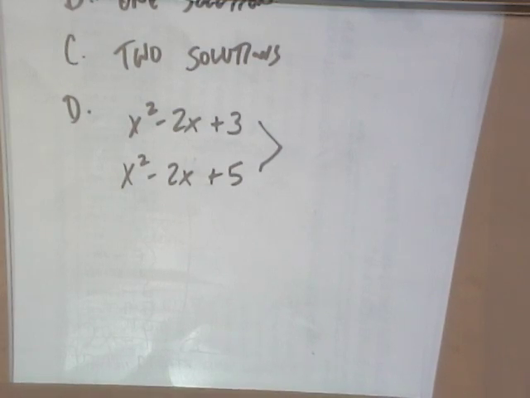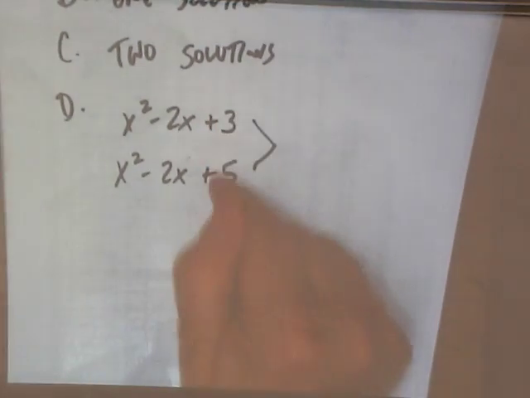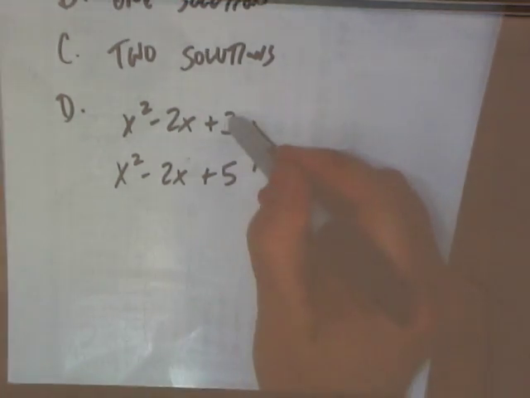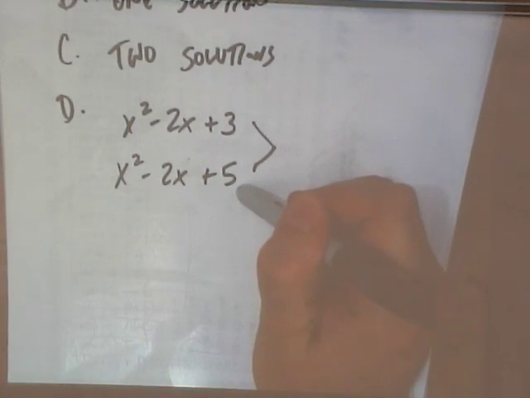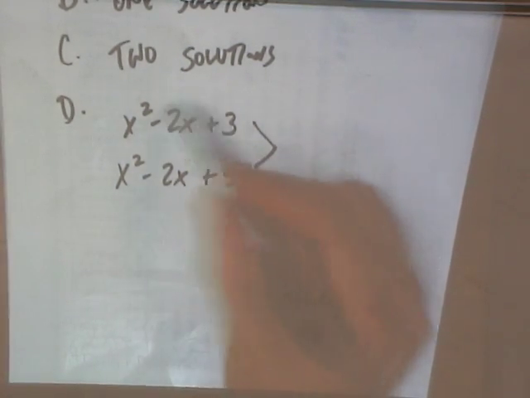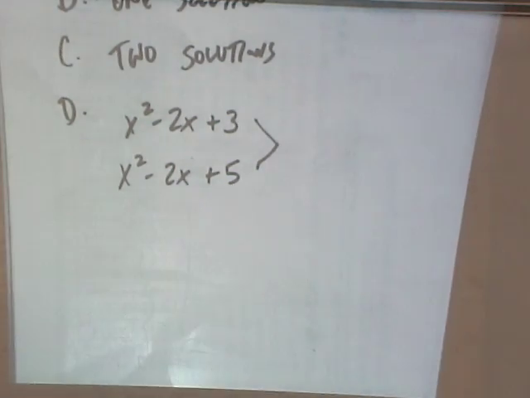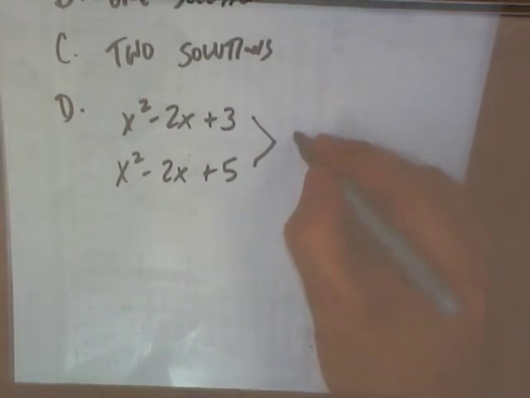So what's going on between this graph and this graph? It's the exact same thing, right? It's just going up 2 units. So they'll never touch. Right? Translations? From here to here, we added 2. That's all we did. We didn't change anything else. So the bottom graph is just 2 units higher than the first graph. So no solution.